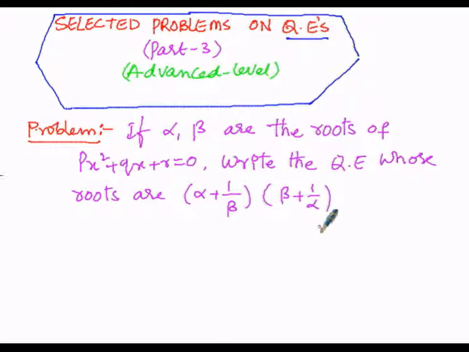So here we have to frame a quadratic equation with these roots. The first root as alpha plus 1 by beta and the second root as beta plus 1 by alpha.